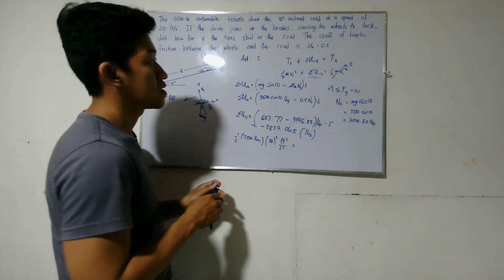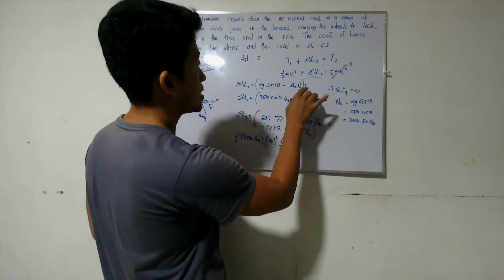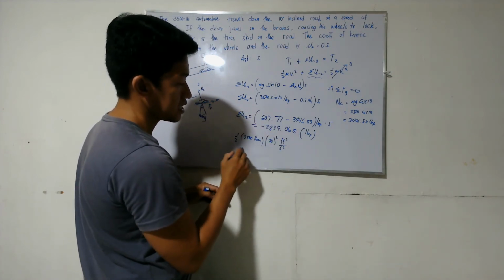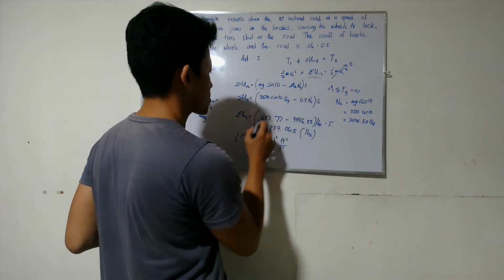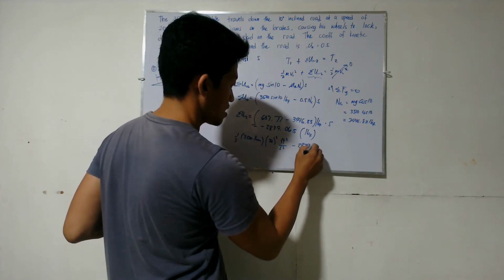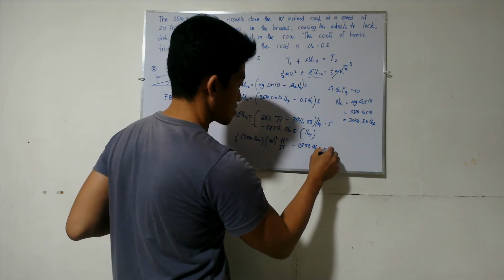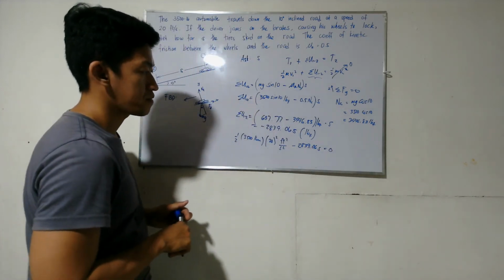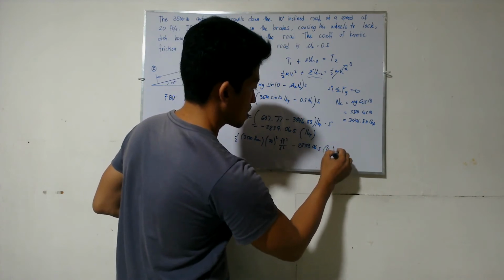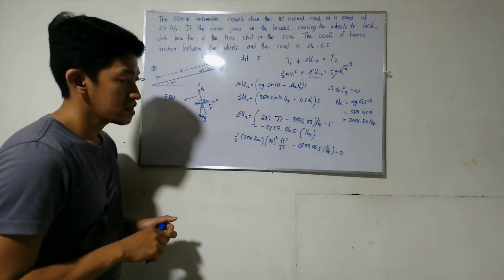So we add the kinetic energy at point 1 plus the work. So minus 2839.06 S is equal to 0. Oh, the unit is pound force. Okay?